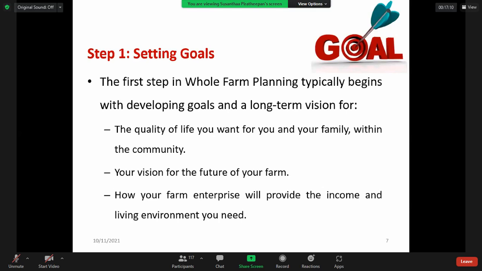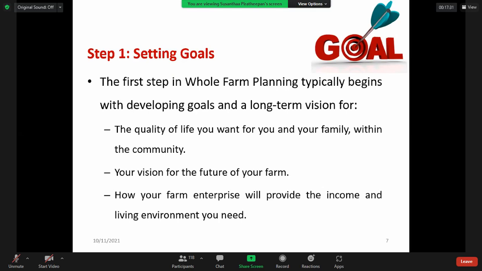And the second one is your vision for the future of your farm. Before setting the goals, you think about your long-term vision. And the third one is how your farm enterprises will provide the income and living environment you need.